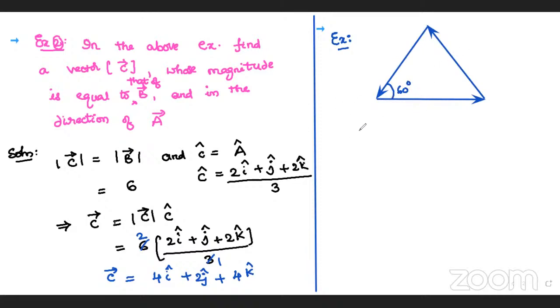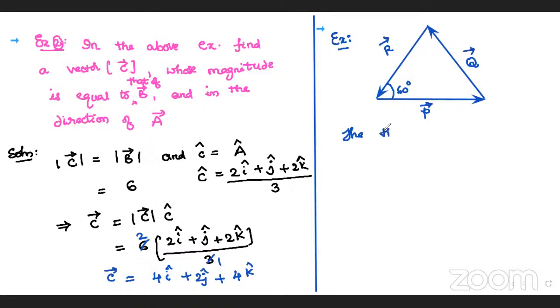So what I am going to write here: these are three vectors, this is p bar, this is q bar, and this is r bar. Three vectors p, q, r. They are forming an equilateral triangle, which means indirectly we came to know their magnitudes are equal.